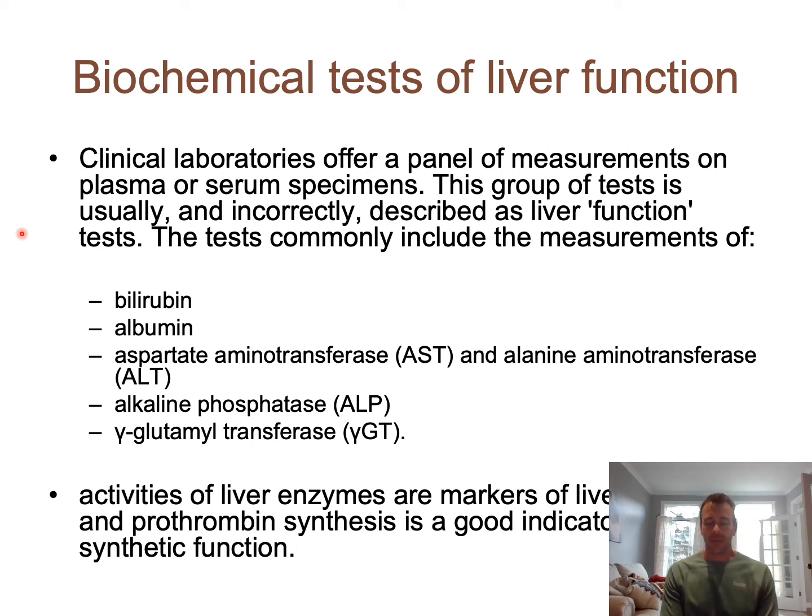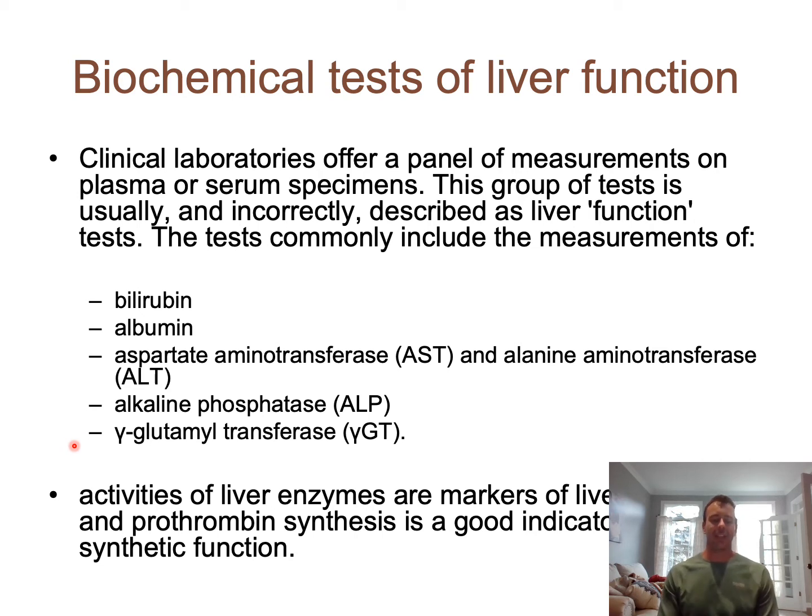Liver function, some biochemical liver functional tests. They're often what you see as a panel of measurements on the plasma or serum specimens. It's usually called the liver functional test. It includes measurements of bilirubin, albumin, aspartate aminotransferase, alanine aminotransferase, alkaline phosphatase, and gamma glutamyl transferase.